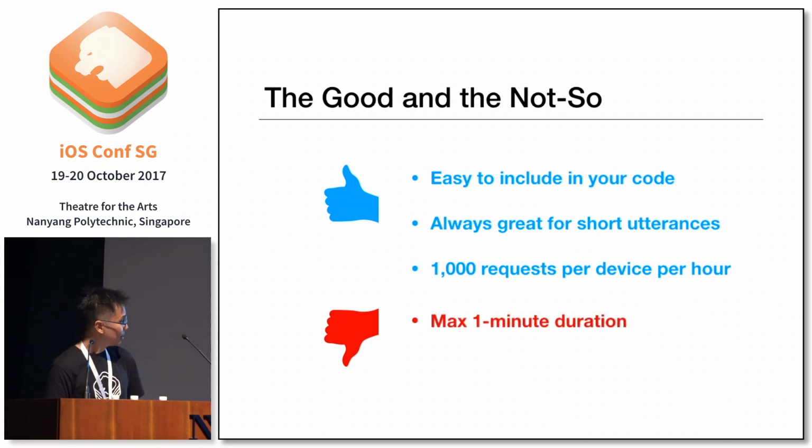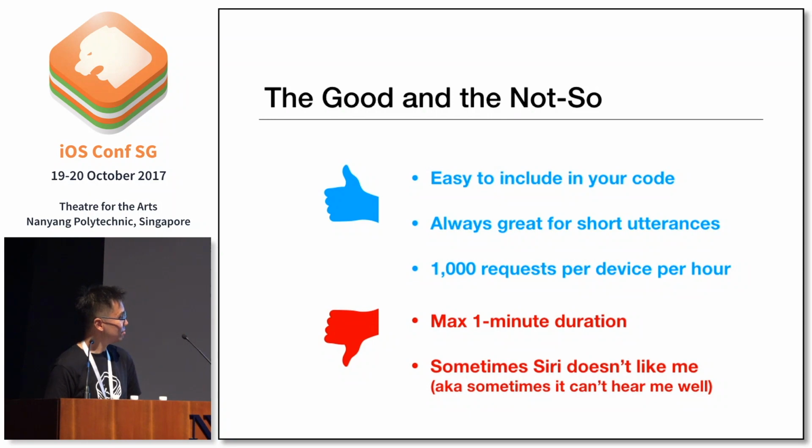But it has a maximum of 1 minute duration. So any request that you make to turn on a microphone, send a waveform to the server, that has to be a max of 1 minute. You can go longer than that, right? But you can send multiple requests subsequently. The last thing that I usually face is sometimes Siri doesn't like me, right? So it can't hear me very well.